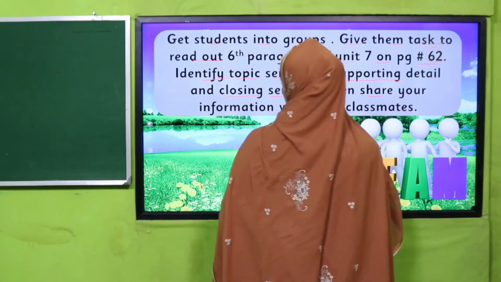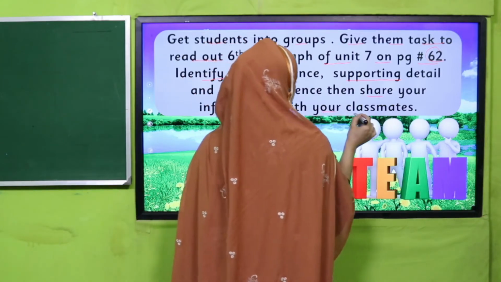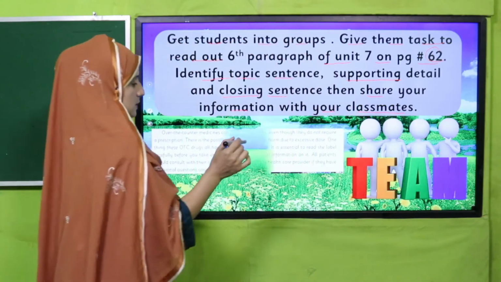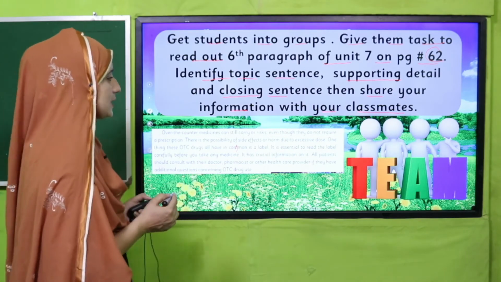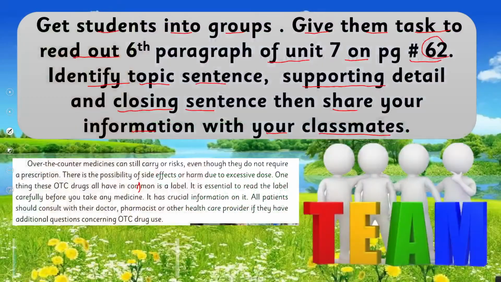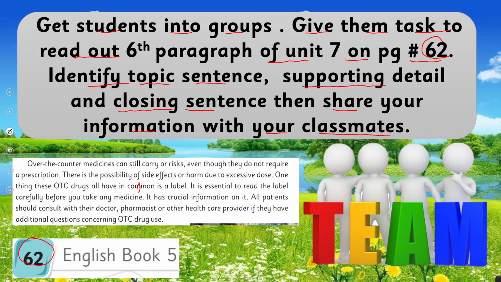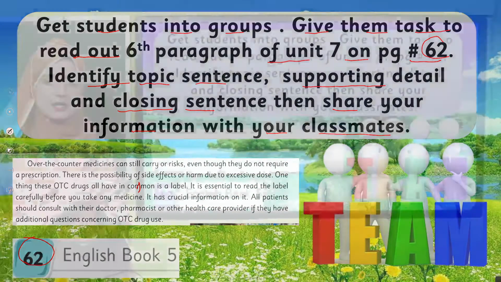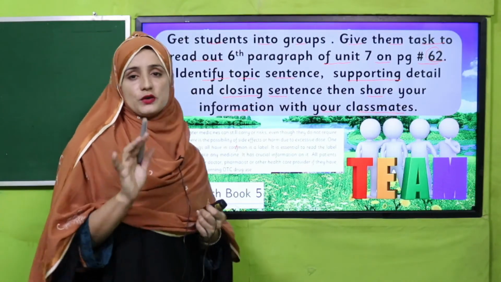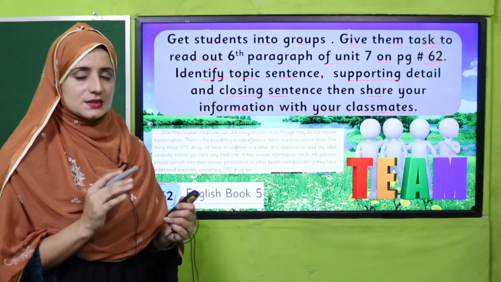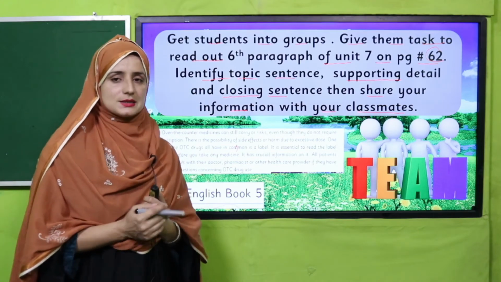Then share your information with your classmates. My dear students, this is a paragraph for you. From your lesson, unit number 7, on page number 62, read that paragraph carefully in your class, arrange all these 3 features of a paragraph and discuss with your teacher in your class, and then come back.